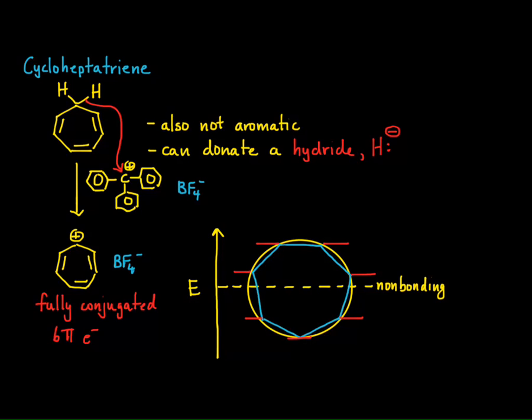But again, I have 6 pi electrons, right? And so when I think about those 6 pi electrons, where are those electrons going to go? They're going to go to the lowest energy, as we've seen before, and so they fill all of the bonding orbitals. Hence, aromatic.